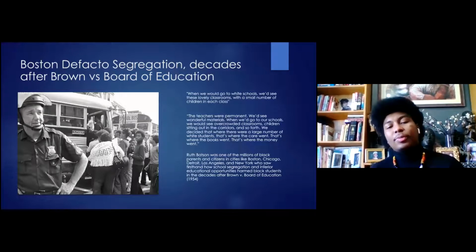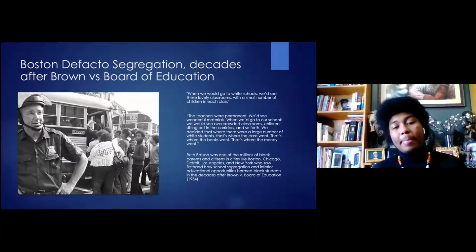This is something that would have to be endured by many families that tried to seek a better educational option for their students, because obviously, as is relatively common knowledge, the term separate but equal was obviously never that. And white schools always had access to better funds, better books. It's a better opportunity for education for children.